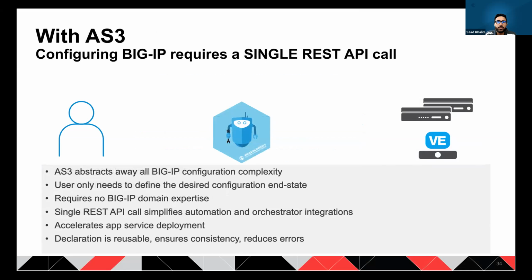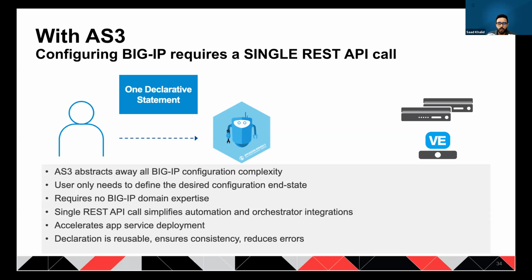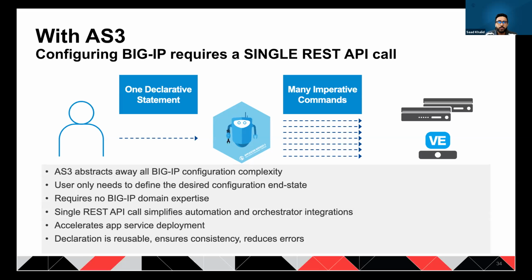But with AS3, all of that changes. AS3 abstracts all of that complexity away. Essentially you have one JSON-based text file where you define what you want. Following a specific schema, you define your virtual servers and your pool members. Then you send one API call, and AS3, or the system, will figure out how to get you to the end state.